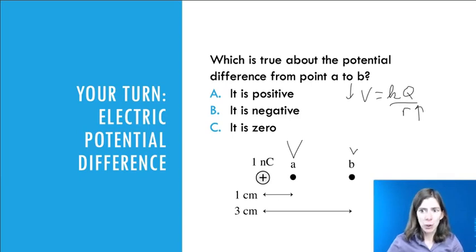If you do a small number minus a big number, you're going to get a negative number. If you go to a region of lower potential, then the electric potential difference is negative. Vice versa, if you go to a higher potential, then your electric potential difference is positive.